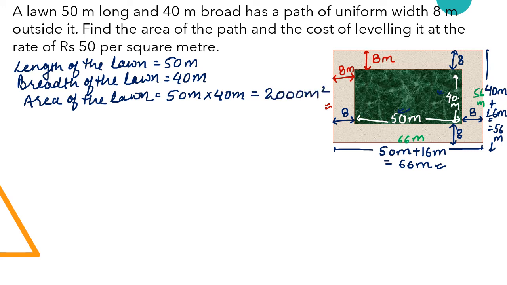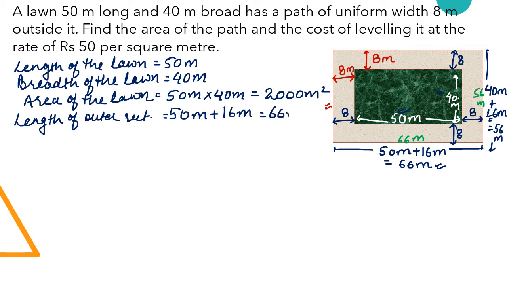Now the length of outer rectangle is equal to 50 meter plus 16 meter, that is 66 meter, and breadth of outer rectangle is equal to 40 meter plus 16 meter, that is 56 meter.